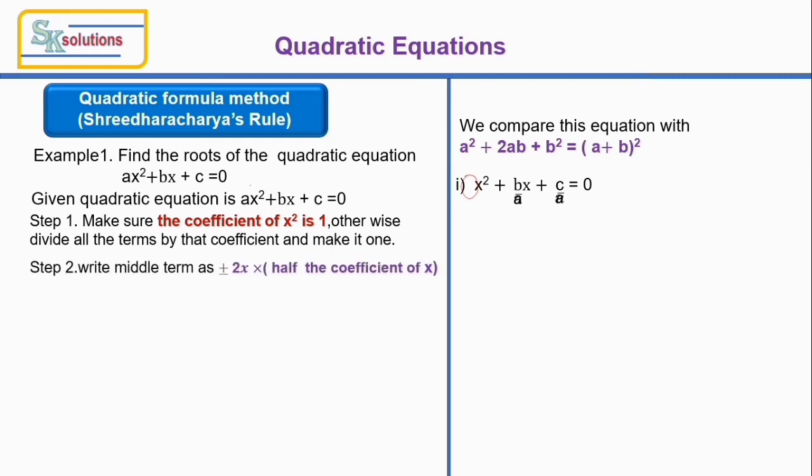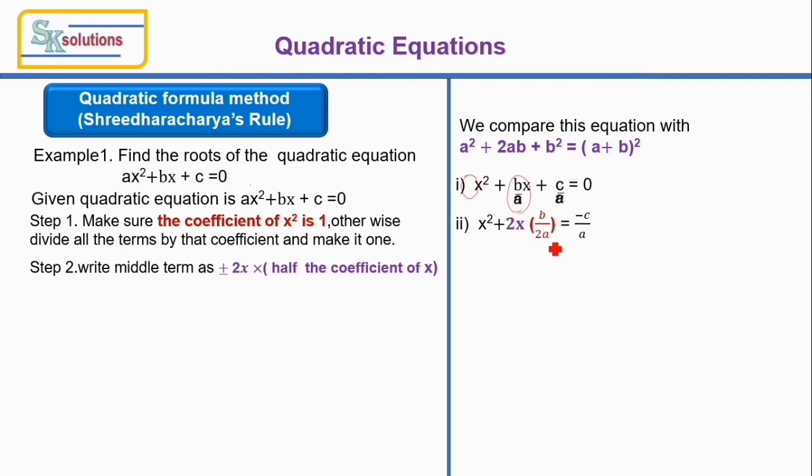Next step is write the middle term as plus 2x multiplied by half of the coefficient of x. We write 2x here, and then check the coefficient of x, that is b by a. Double of that means take double of the denominator, a becomes 2a.